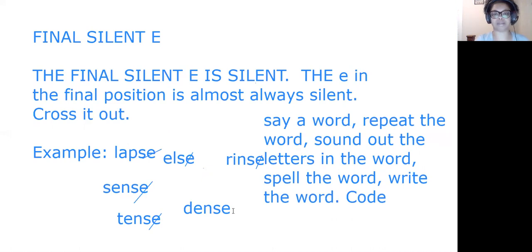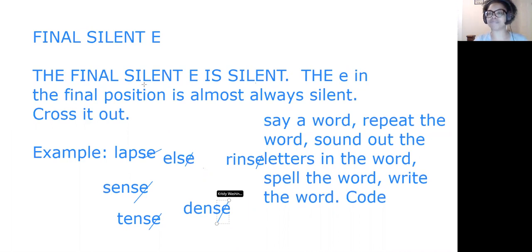How do we code it? We code it with a line drawn through the E in the final position because it is a final silent E word. Dense. And if you look at all of these words that we've practiced, these words all end in S-E, and they all ended with a final silent E. That E was found in the final position of these words.